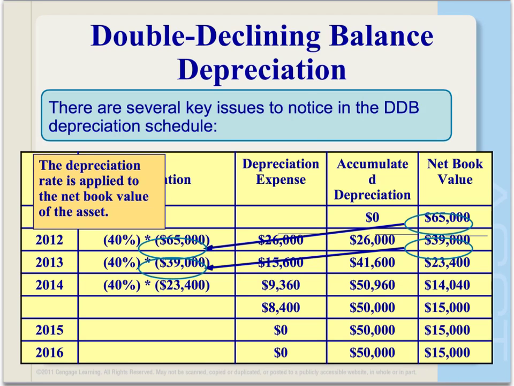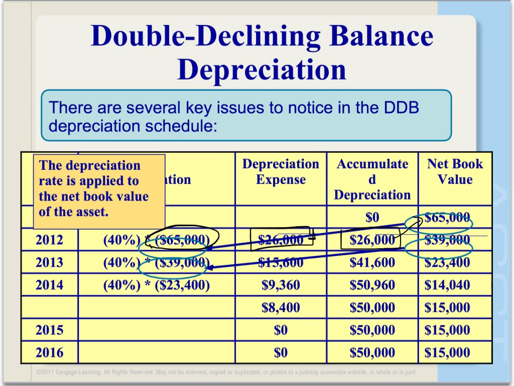On this slide, as it says here, there are several key issues to notice in DDB. It is applied to the net book value. So in this case you can see we have 40% times 65,000. Depreciation is 26,000. Our accumulated depreciation now is 26,000.